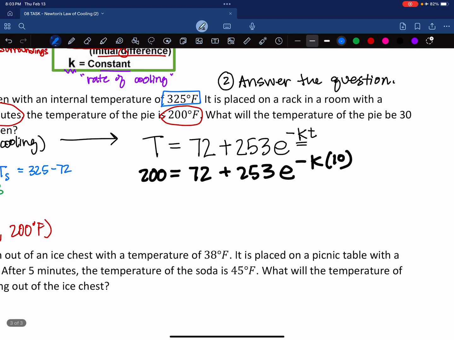We are going to solve for k. This is solving our exponentials, and we'll use logs. Go ahead and pause the video, see if you can do the steps to solve for k, and then check back in.